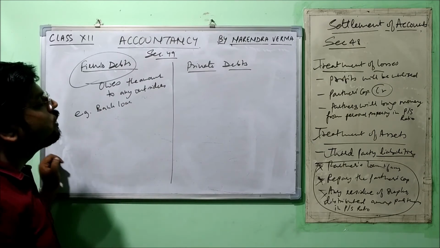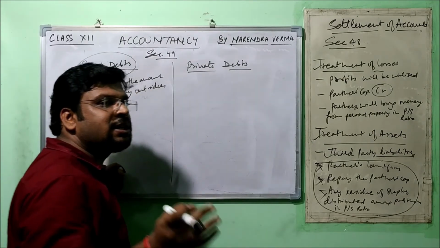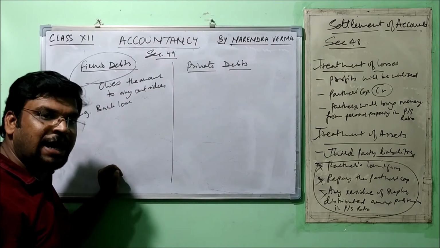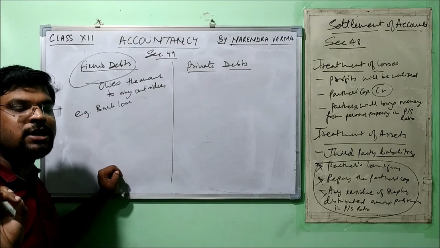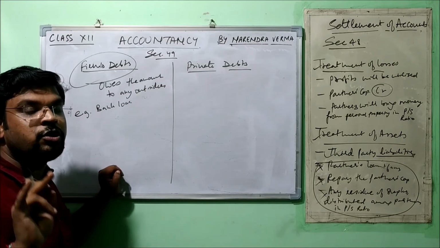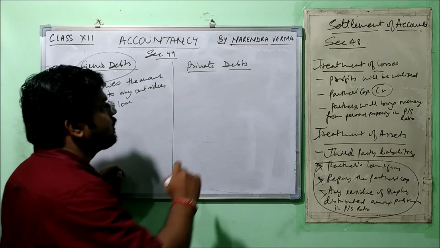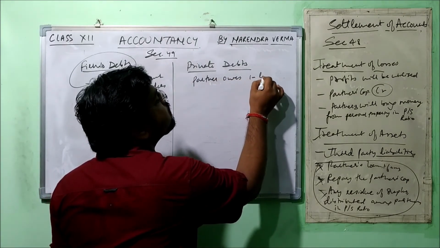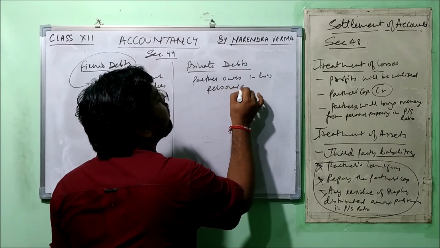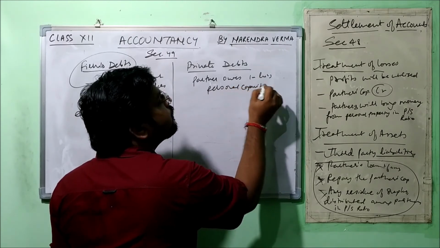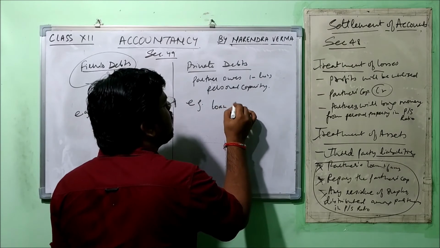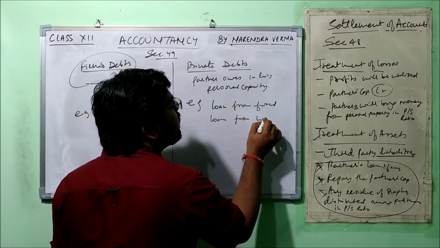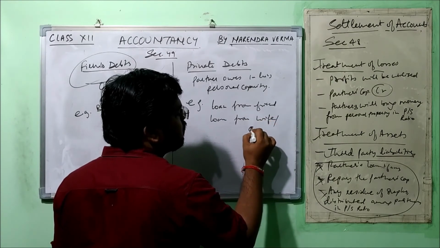Now, if any partner has taken a loan in his personal capacity for the work of the firm, that will be known as private debt, meaning the partner owes in his personal capacity. For example, loan from a friend, loan from wife, or any relative.